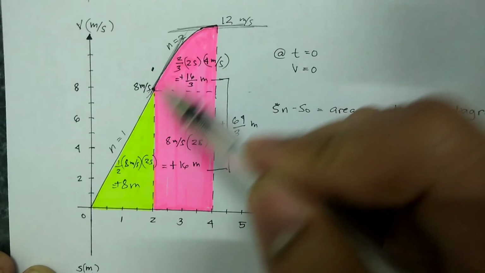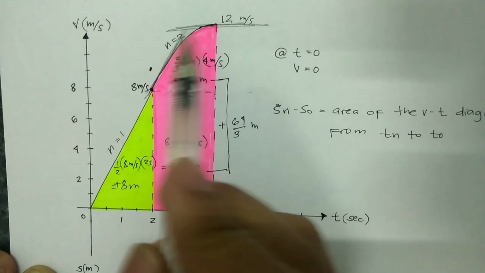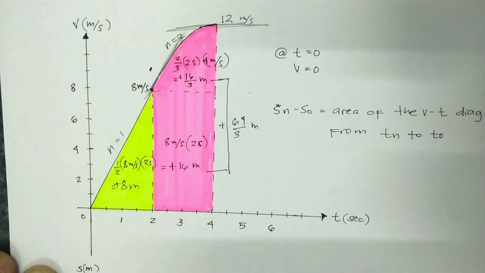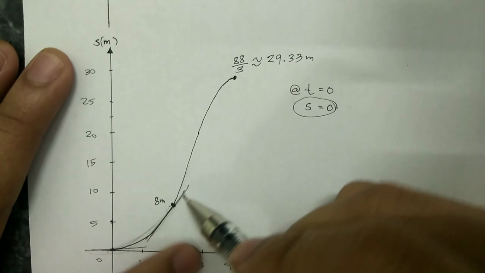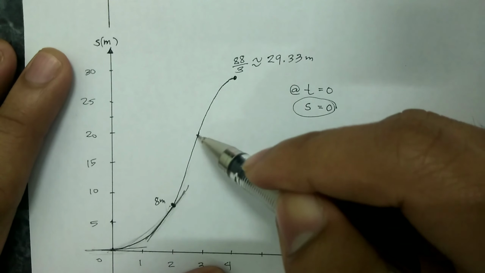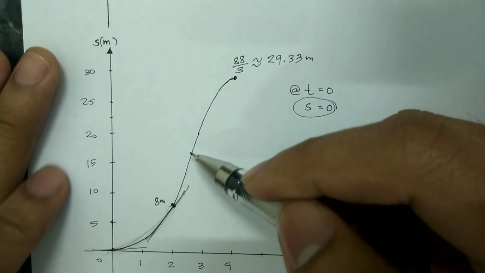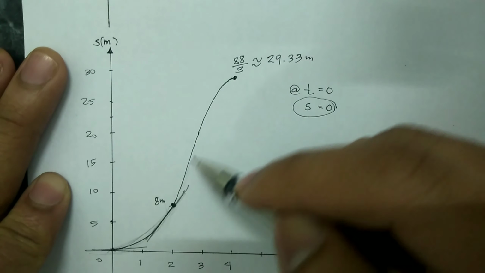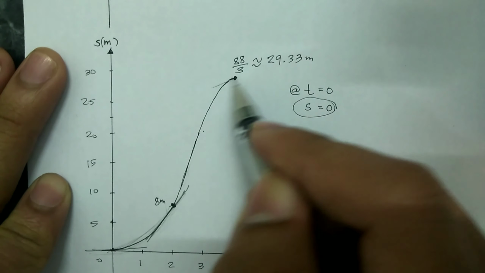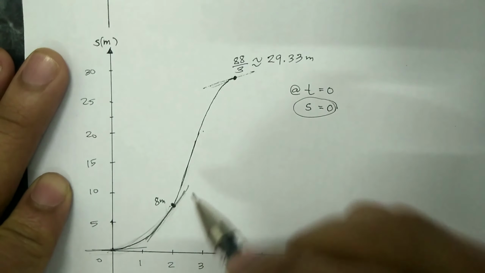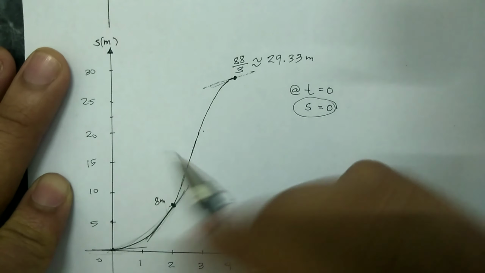From a higher slope, it decreases into a lower value of slope. So it will follow the slope of the position time graph. So from a higher slope, we will decrease in slope. So the concavity is this way.